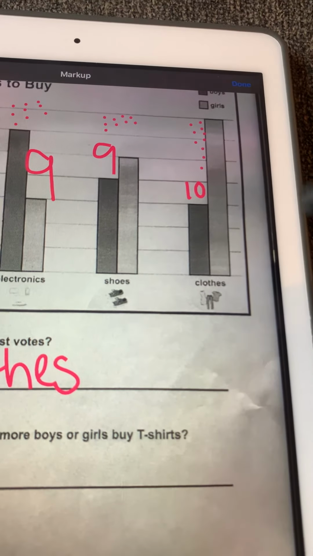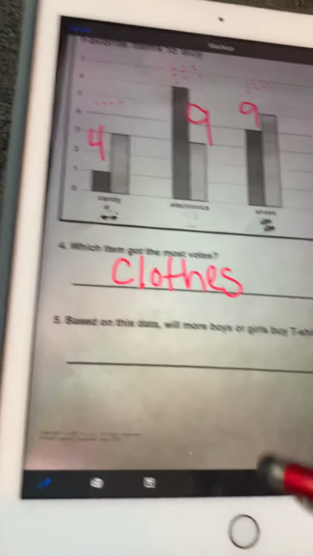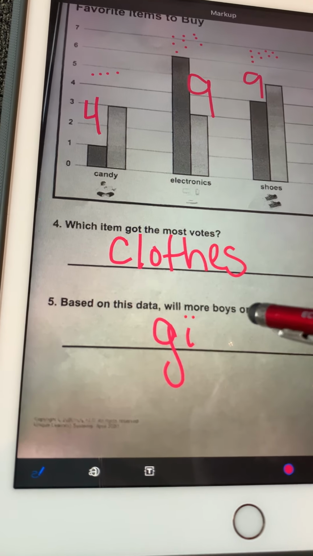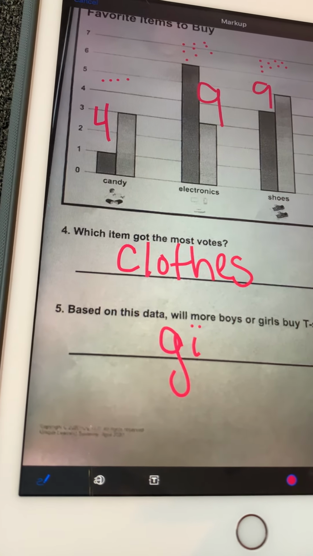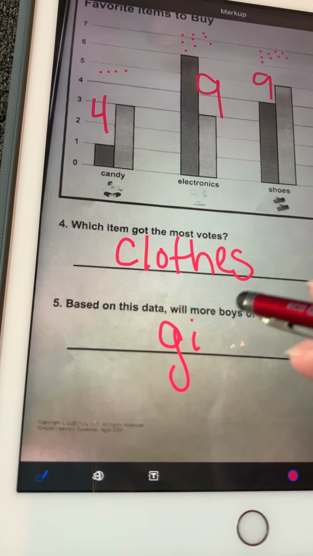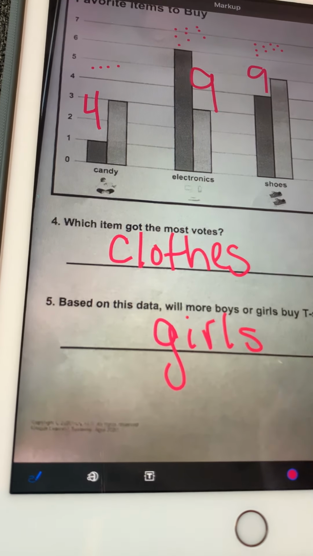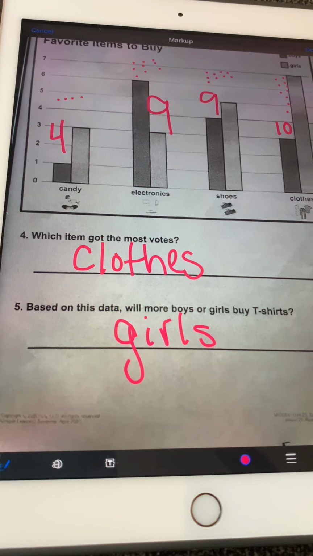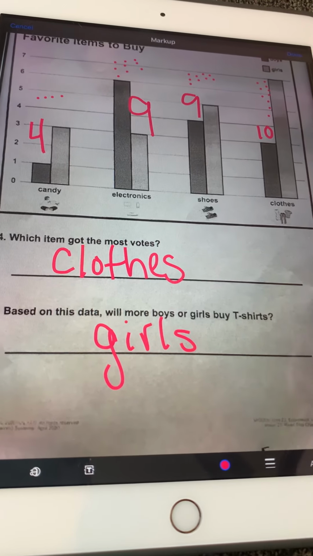It's the girls. So for our last question, we're going to write girls, because more girls voted for clothes.